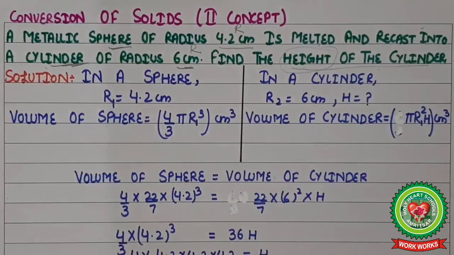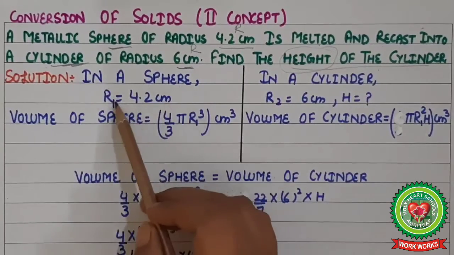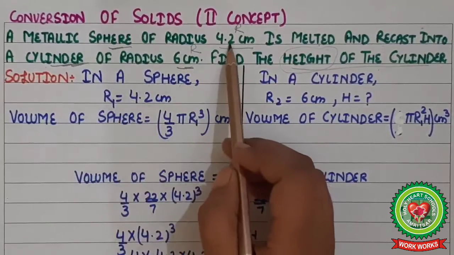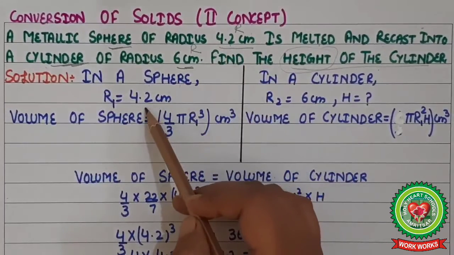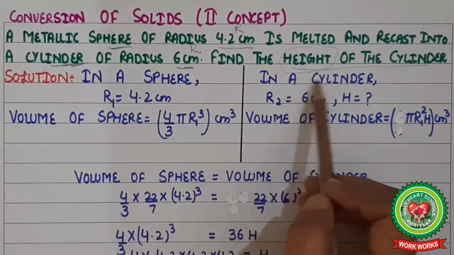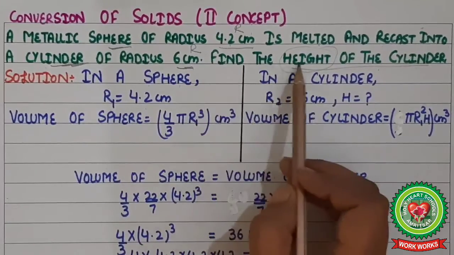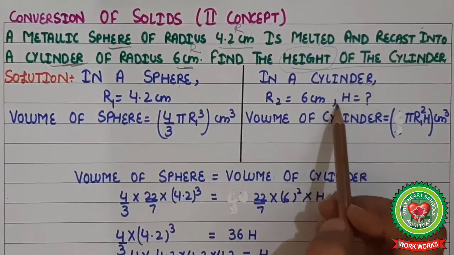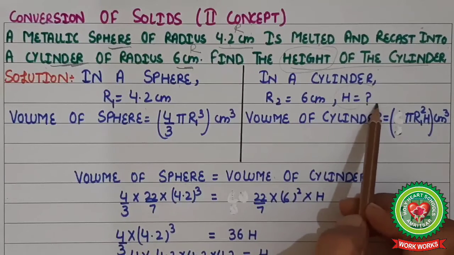So now let's start with the solution. In the sphere, radius is equal to 4.2 cm. In the cylinder, radius is equal to 6 cm, and we have to find the height, so I have written h equals question mark.